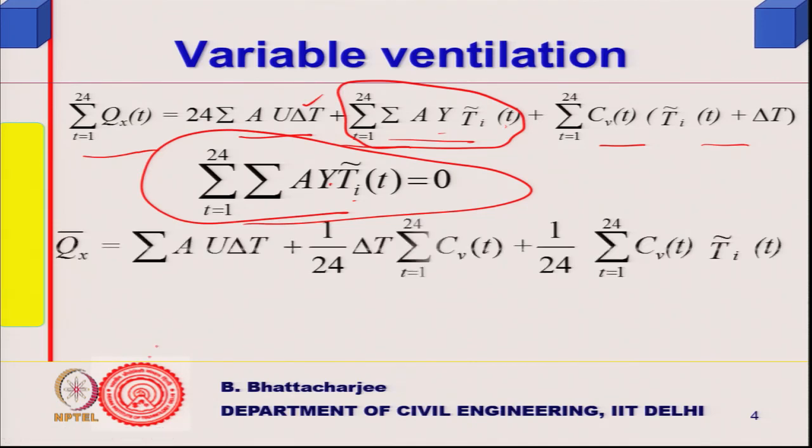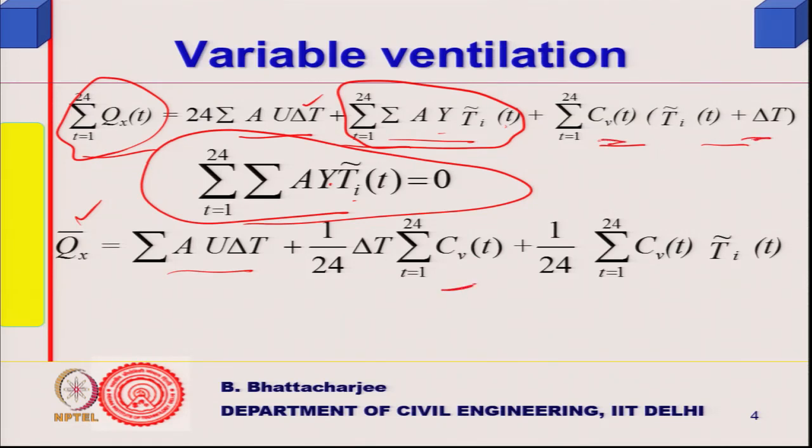So, therefore, that gives me the 24 equations. Au delta t, if I divide everything by 24, I get Qx bar. Qx summed for 24 hours, Qx bar is equal to Au delta t plus 1 by 24 Cv delta t.